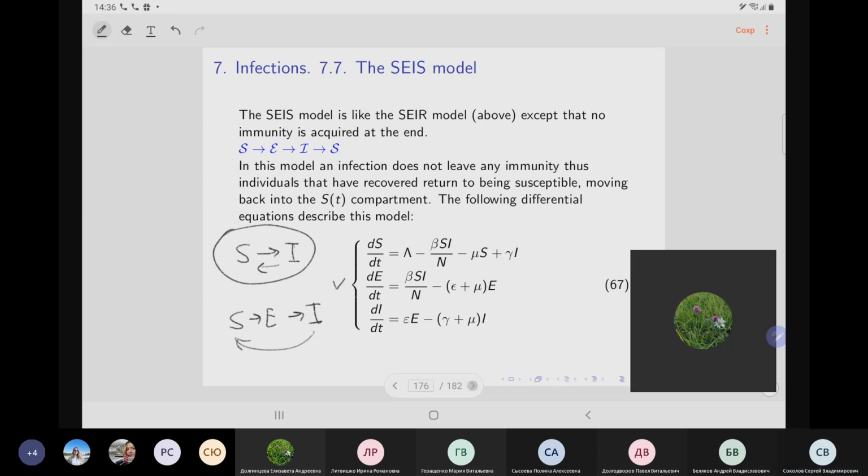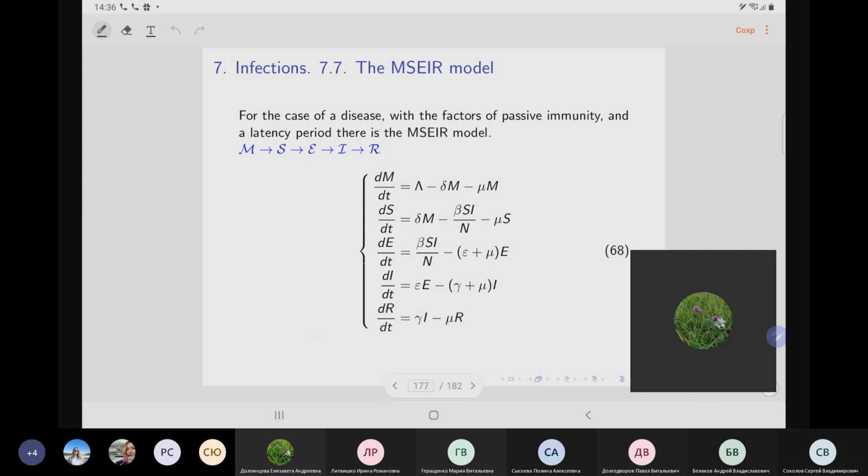Moreover, we can add the passive immunity. So exposed, passive immunity, and SIR model.